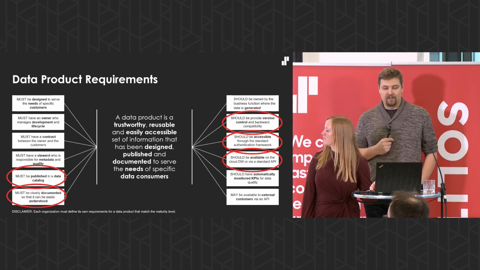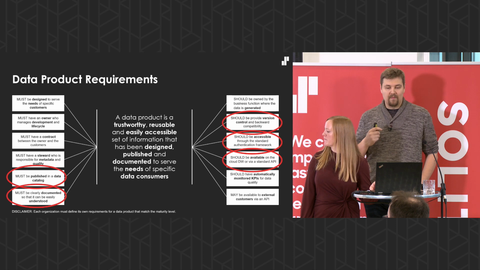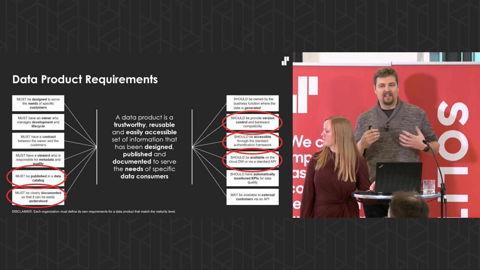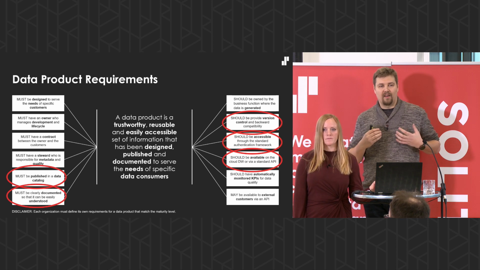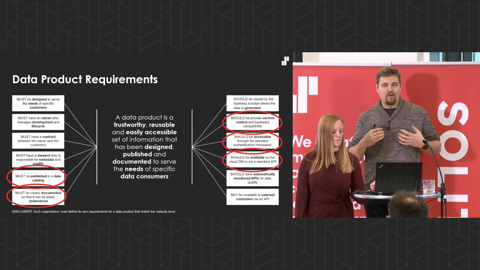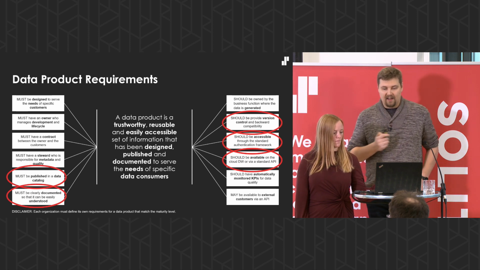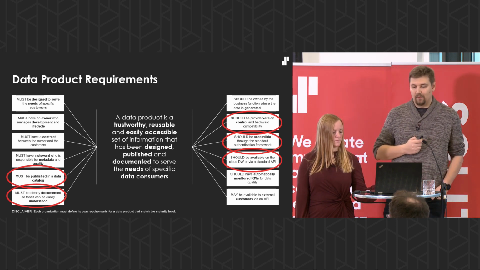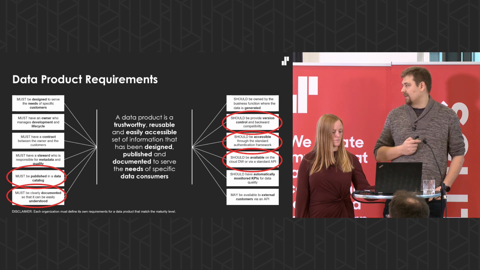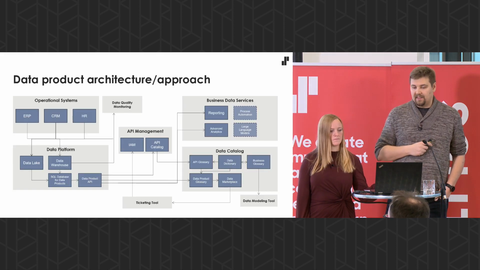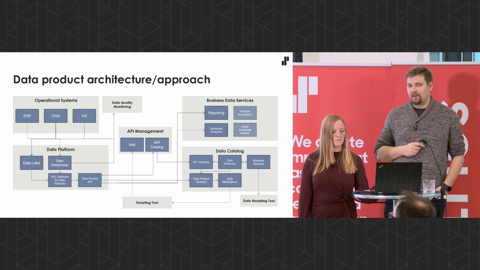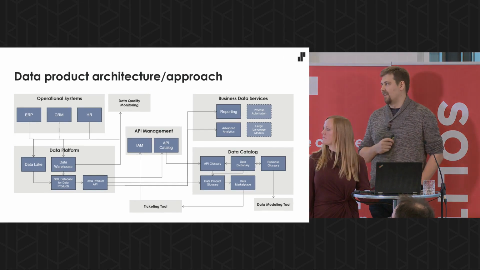How can we put version control in place? How can we make it accessible through some authorization framework? This is something that is getting more and more questions, about how we build the authentication for these data products. And it should be available through a data warehouse or API. And this is how the architecture looks on a really high level.